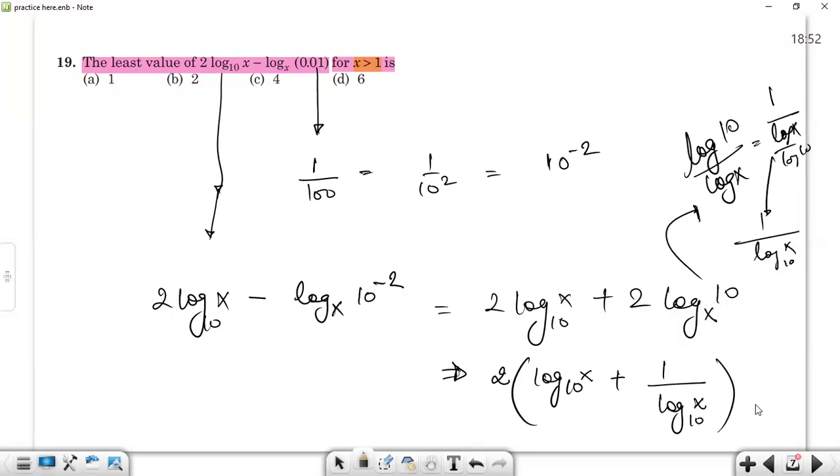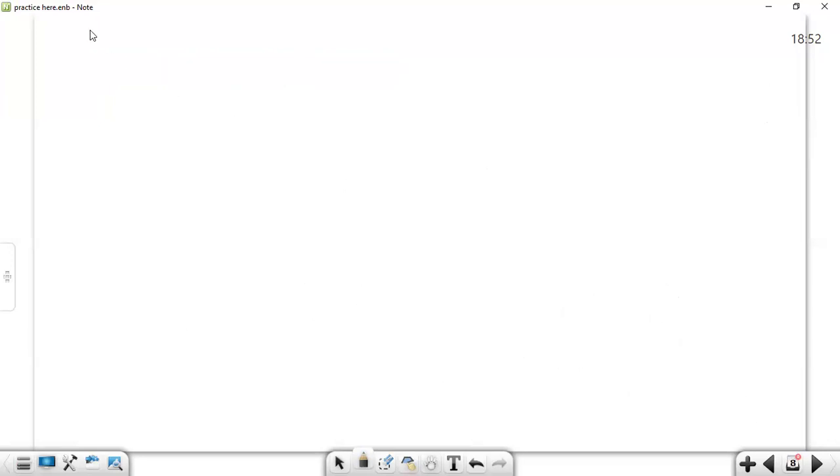So now understand one thing: do you agree with me that logarithm of x to the base 10 is a positive value? The result of this logarithm function will be positive. Is that correct? Yes, sir.